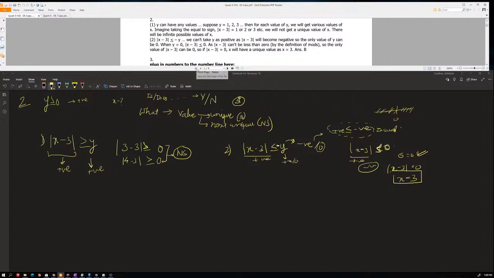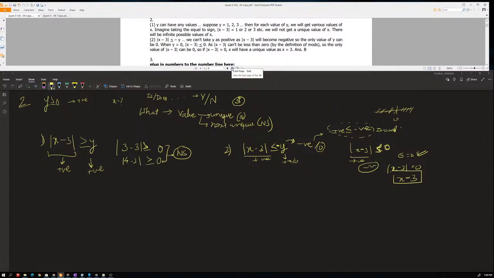The second condition says mod of x minus 3 is less than or equal to y. They can't take y as positive because this will become negative, and mod of x minus 3 will become negative. So the only value y can be is 0.